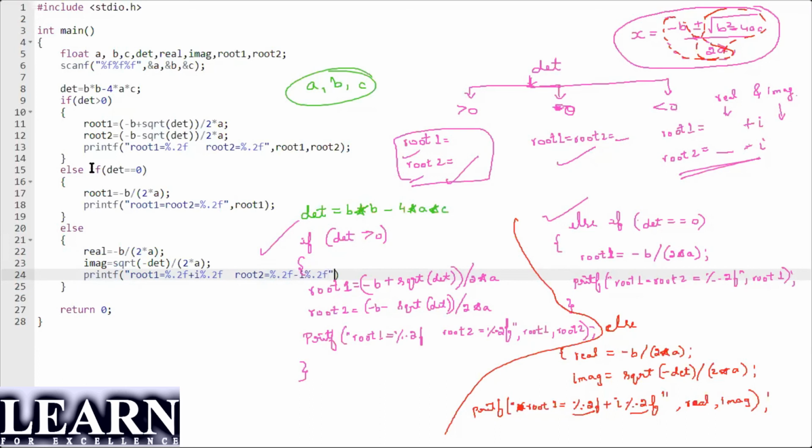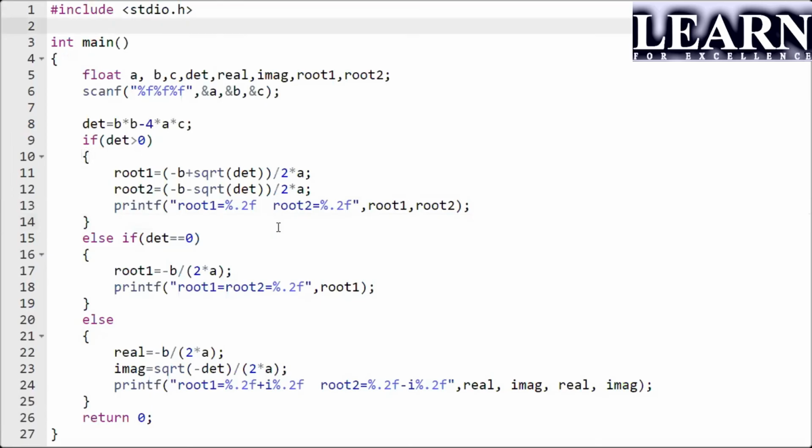These are real and imaginary, and again real and imaginary. If you execute this, the whole code will run. We need to include math.h because we are using a square root there.